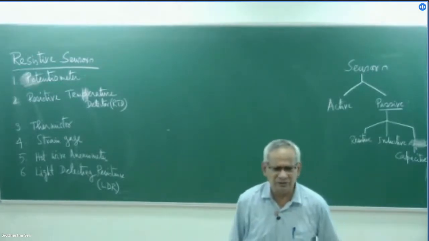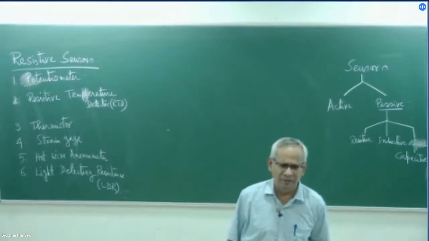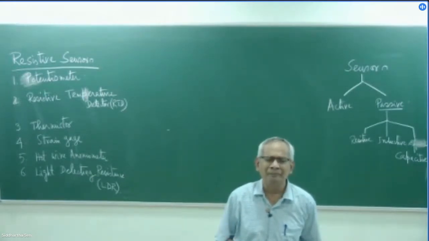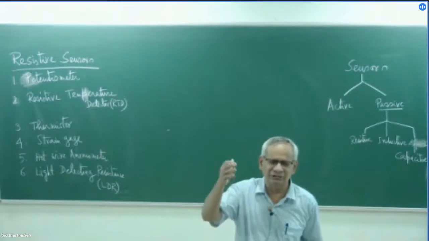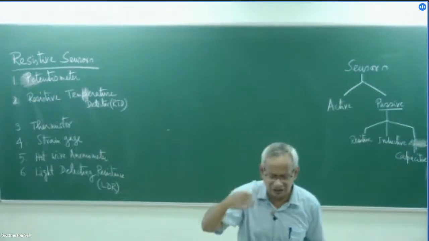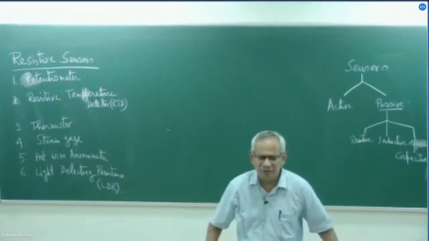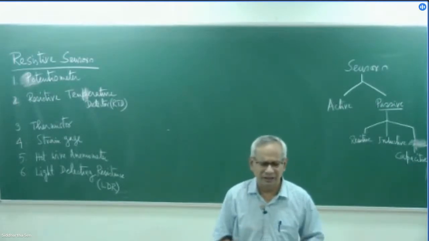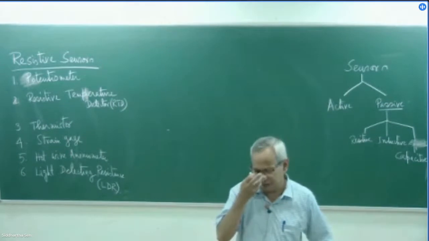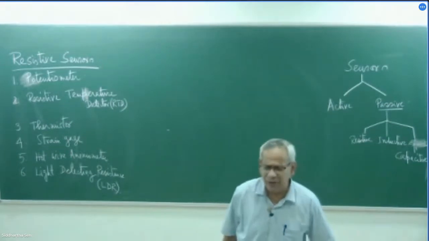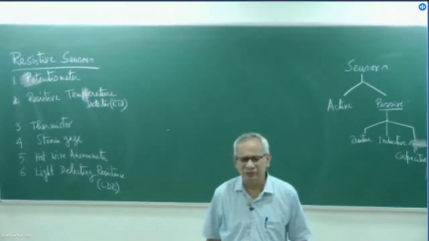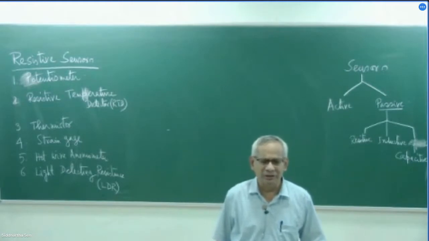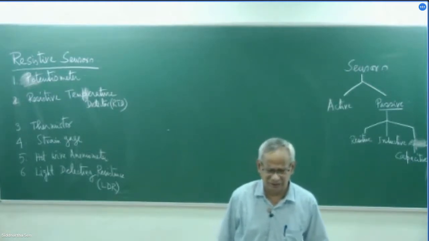The change of resistance may be very small, may be high, resistance may increase with the input or decrease with the input, in a linear manner or in a non-linear manner. So several types of things are there. But broadly, all of them together, we call them resistive sensors.